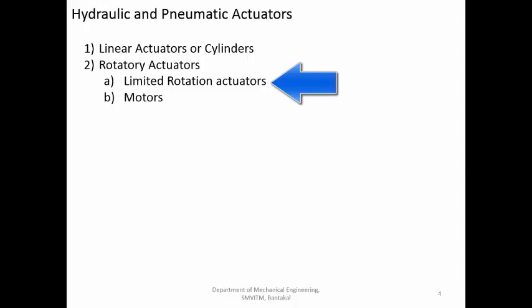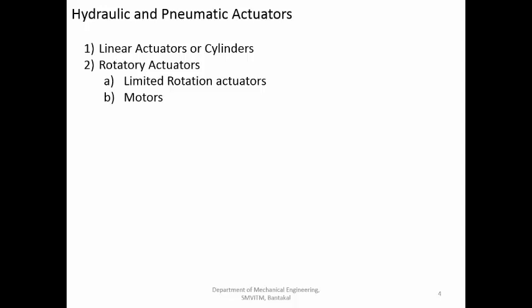So from 0 to 300 degrees, you can get movement. After that, it has to return back to the 0 degree position. Then again, it can rotate in the forward direction. So it can twist in one direction and then return in the other direction. These are the three main types of actuators used in hydraulic and pneumatic systems.